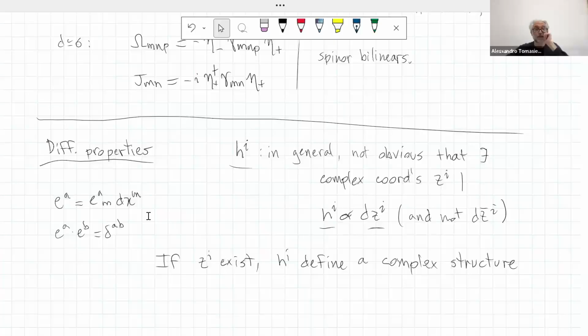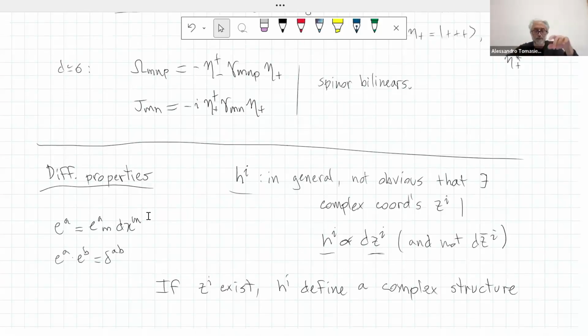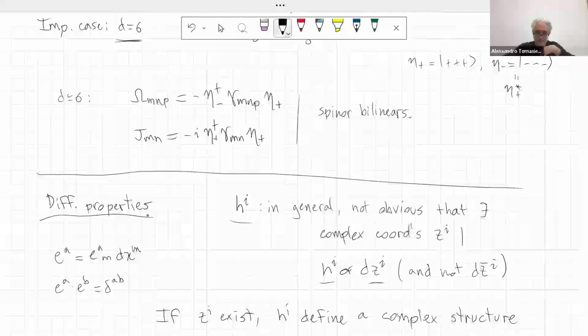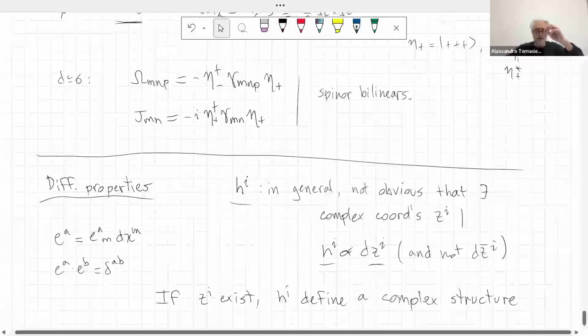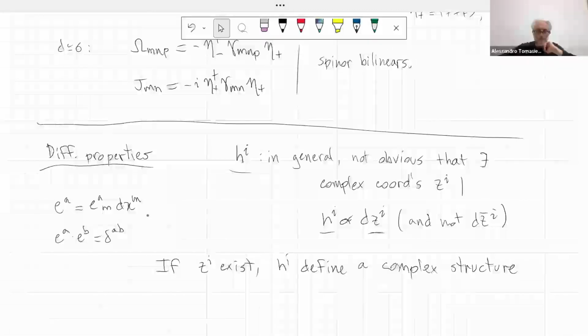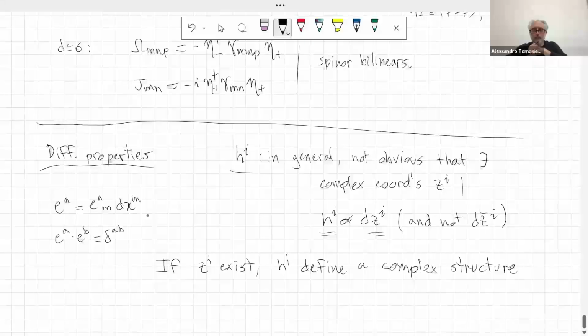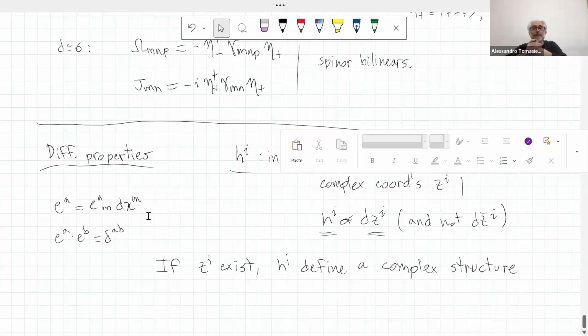So this is the big reason that it may be difficult to define a complex structure on a manifold. There is a difficulty if I start from a spinor: first of all, you will have this step where you want to find the z^i so that the dh^i are a linear combination of the dz^i only and not the dz bar^i.